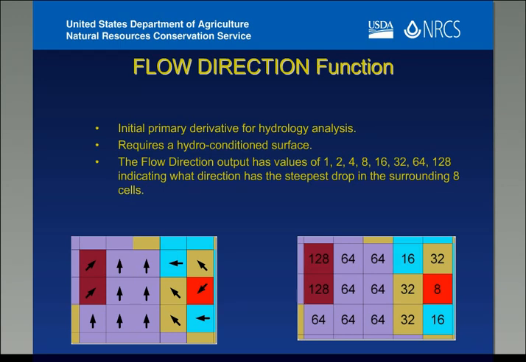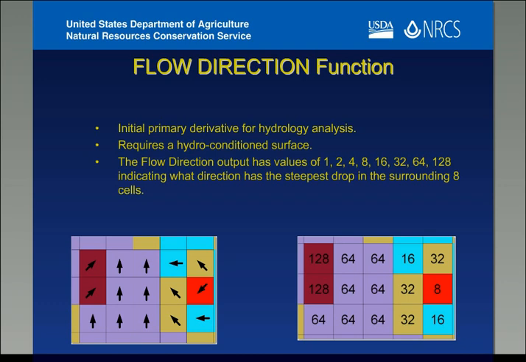In this case the software produces what's called a D8 flow direction, where it's going to have just one direction out of each cell location for flow to occur. There are other processes that can create what's called a D-infinity or multi-directional flow that also can be used for analysis.